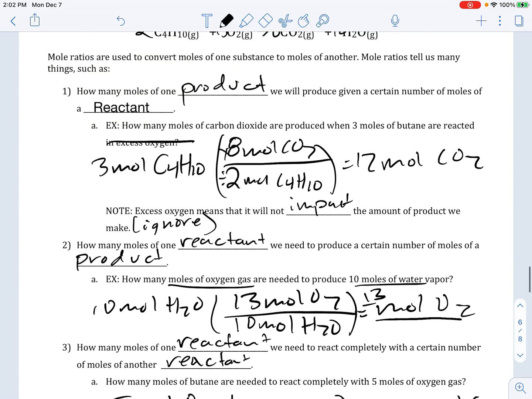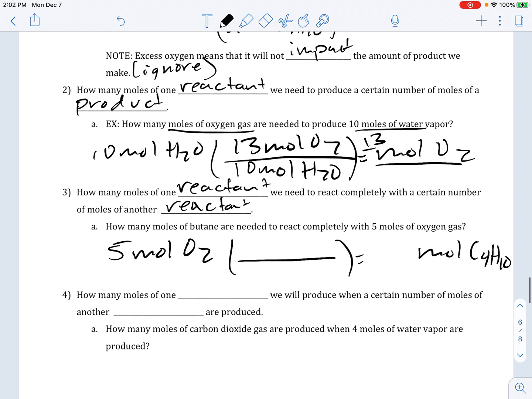So O2 from up here is a 13, and butane is a 2. Oh, it's going to be 5 times 2 is 10 divided by 13, which is going to give me roughly like 0.6 maybe, something like that. Let me do quick calculator math. 5 times 2 divided by 13, 0.77.